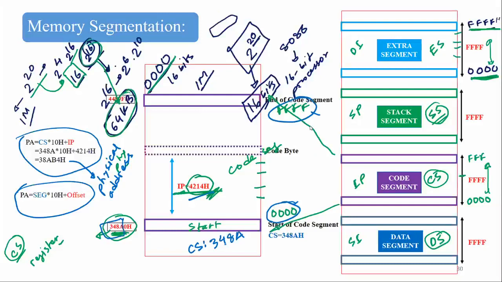Okay, then if this is your CS and this is your IP, these two are the chapter number and the page number. Code segment is the starting of the code segment, the upper 4 values, and then your offset values. Now you multiply 10 with this one and add this portion. That means you are going to that particular address.